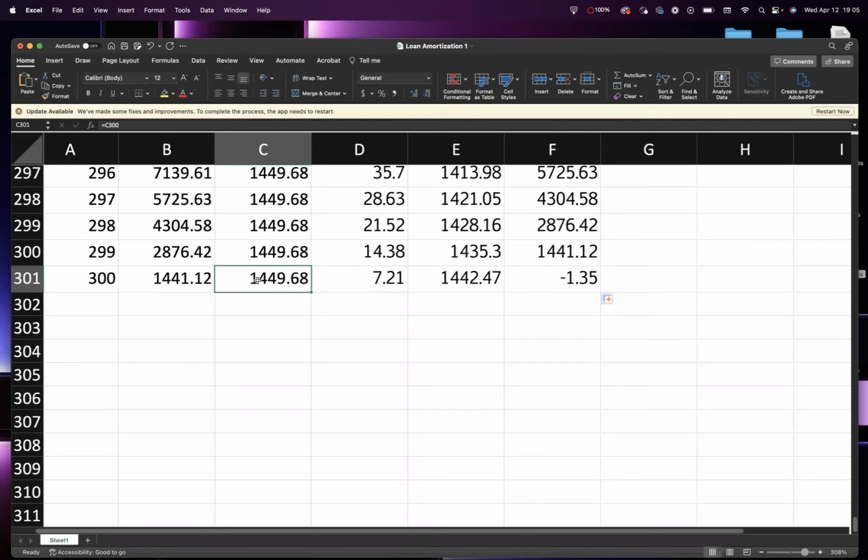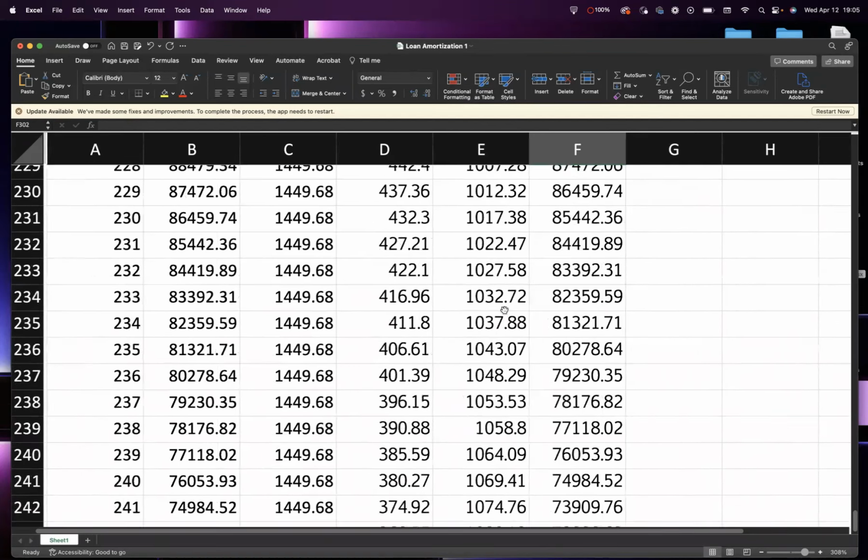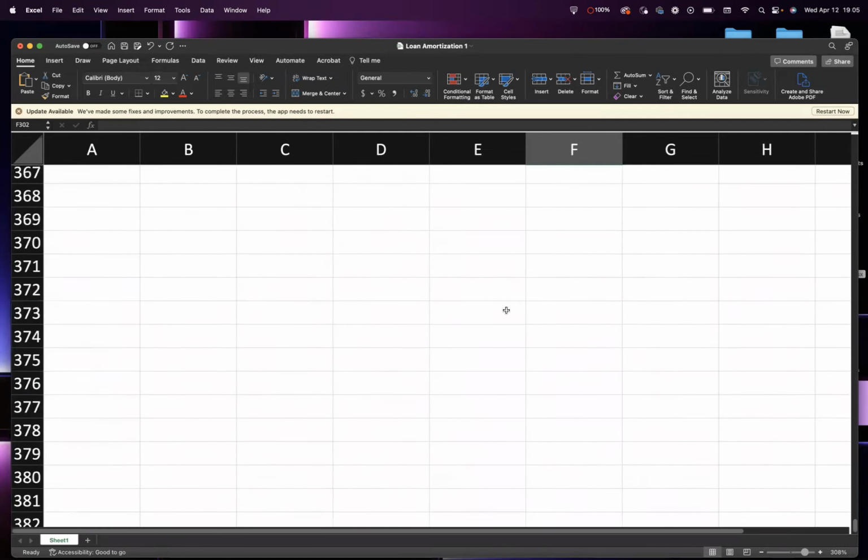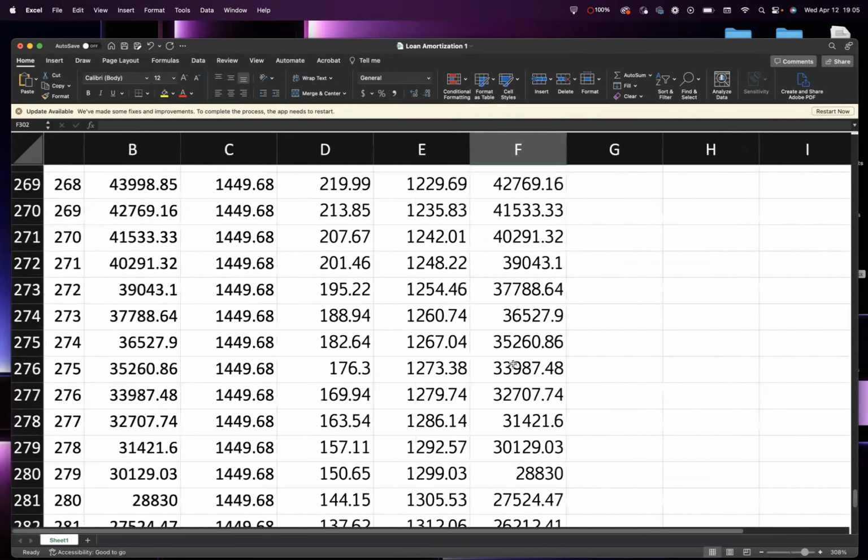I'm getting 1448.33. Yeah, so this number here is really, really small, and that is near 0. So I'm just fine with that. So there you go. That is your amortization table that we started. Good luck.